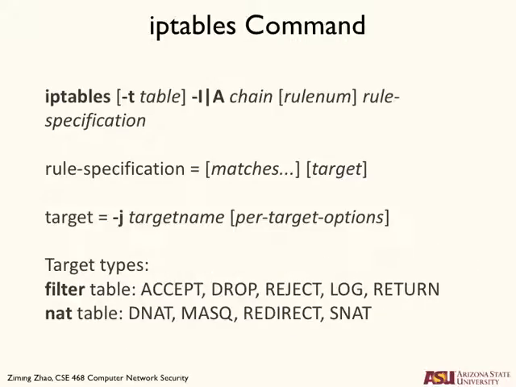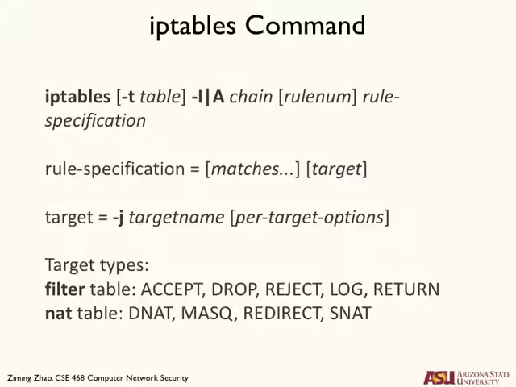And the target types, the action types, depend on the type of the table, like we discussed. So the filter table acts like a firewall, so you can accept a packet, you can drop a packet, you can reject a packet, which means you will send out an ICMP message to notify the sender that I cannot accept your packet.